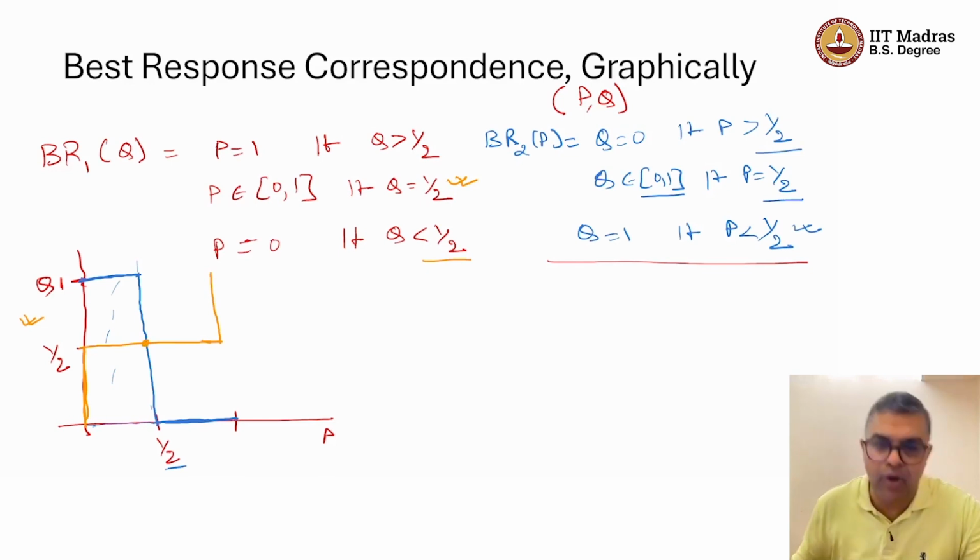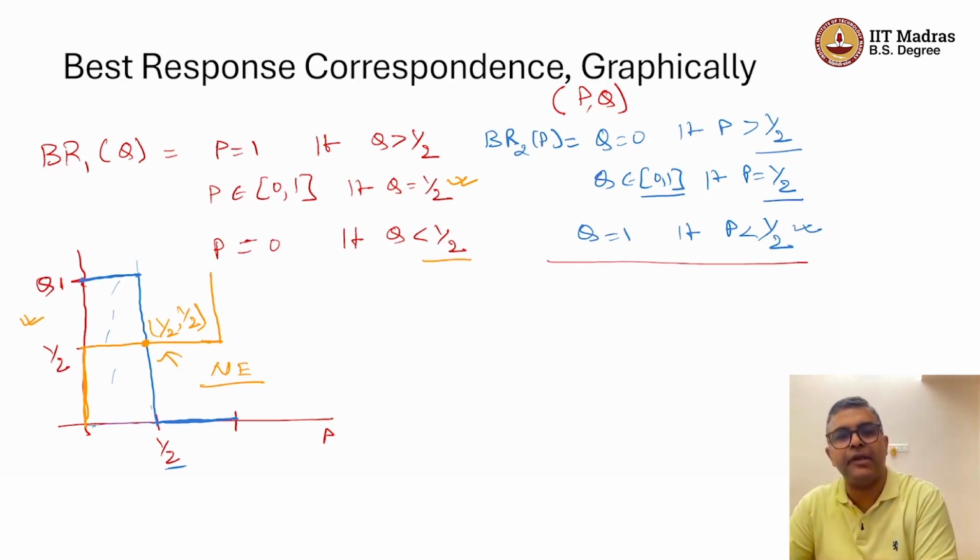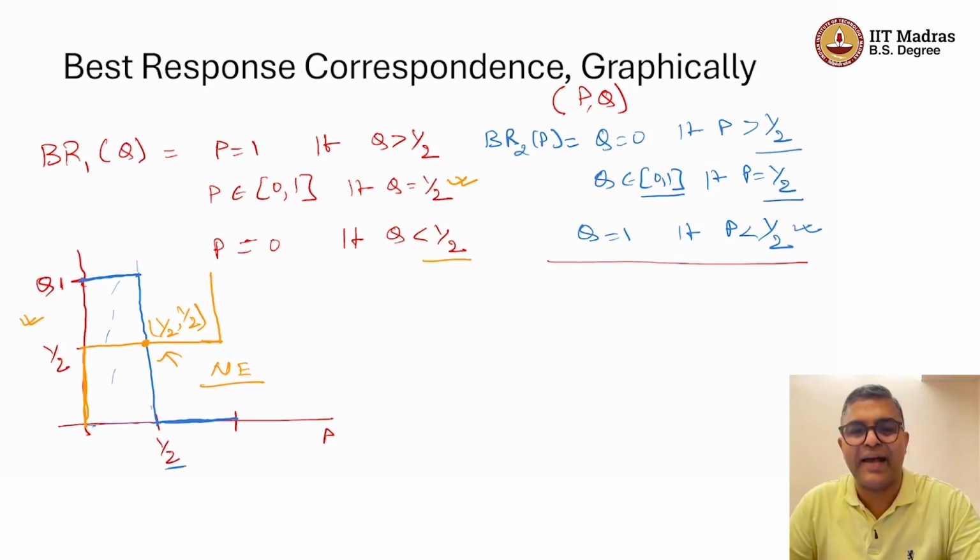So this is the point where the best response correspondences overlap, and this point is (half, half). So clearly this is the Nash equilibrium for the game. We have already discussed why we get the Nash equilibrium at the point where the best response correspondences overlap one another. So this is the way you would obtain a mixed strategy Nash equilibrium.